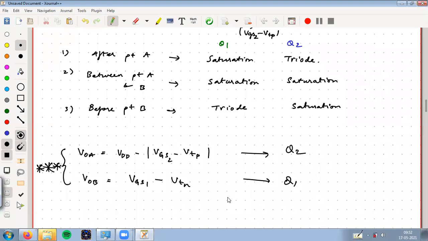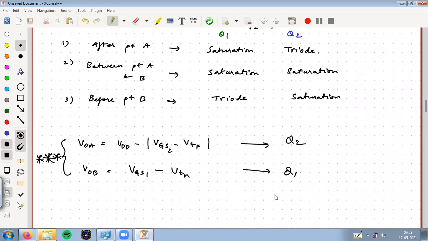Because in problems, they will give you a CMOS implementation like this and ask you to find the coordinates of point B and point A. Then it becomes a little tough, so you have to understand the concept behind this.